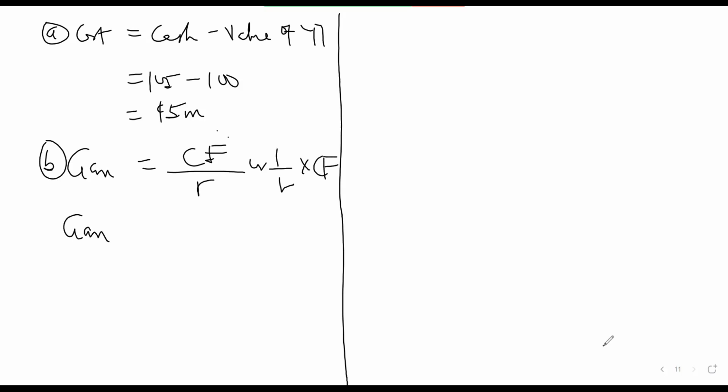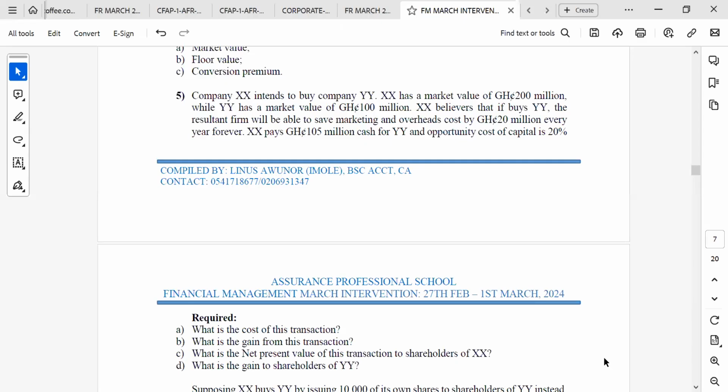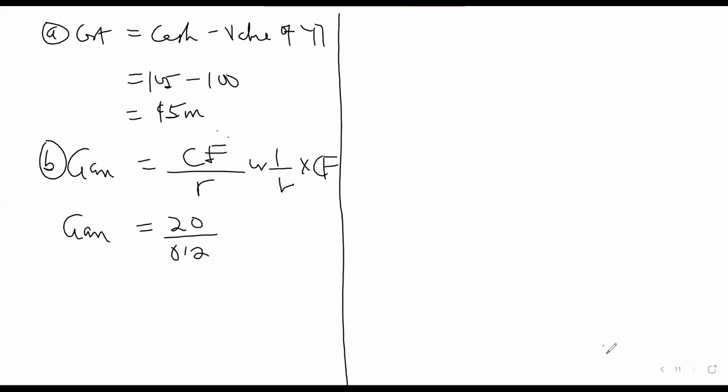So our gain is equal to 20 divided by the opportunity cost of capital. That is the cost of capital of the company. So the opportunity cost of capital is 20%, so that will be 0.2. What are we having as the gain? 100.